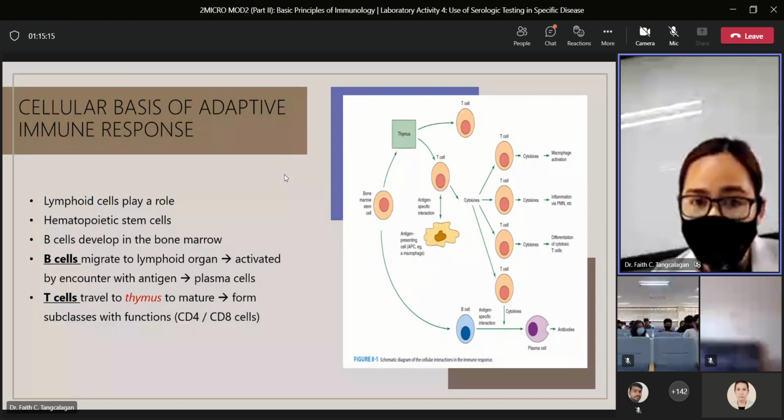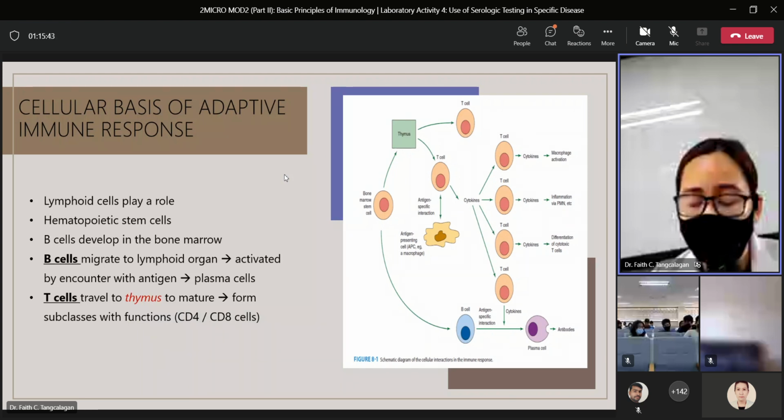We'll discuss it later, because these T cells will then become matured soldiers with specific types of receptors that they will be functioning with. These T cells form subclasses. The major subclasses are your CD4 and your CD8 T cells.